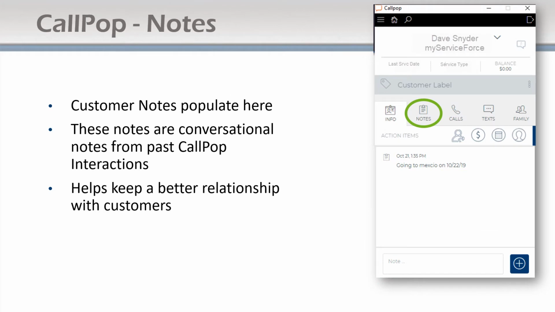There's a notes section for all the past notes from the customer service rep's interactions. You just click on that and you'll be able to see the past history. It's the little things you pick up in conversations with customers, maybe about their children or their pets, that personalize the call.